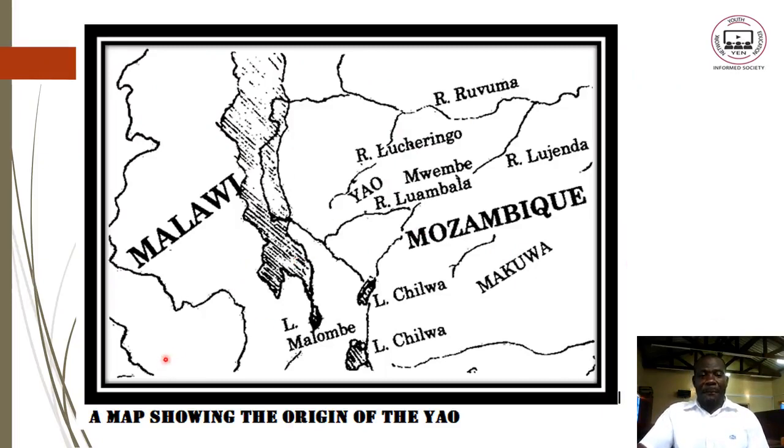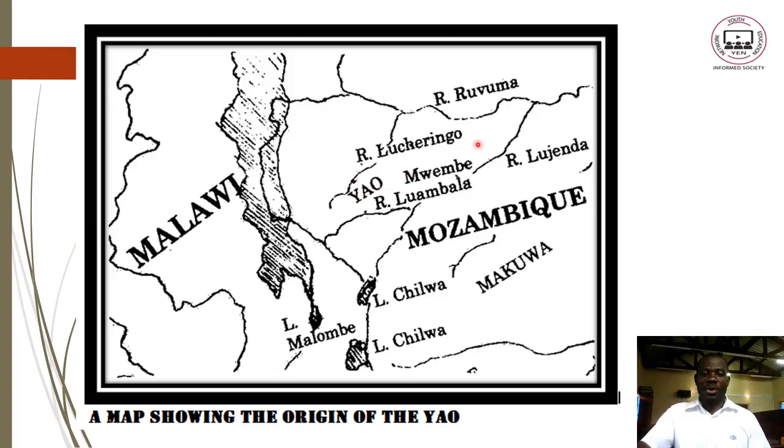Here is the map showing the origins of the Yao. When we talk of the Yao, we talk of Malawi here, you see Mozambique the other side here, and here take note there is a river, Ruvuma River, with some of its tributaries there. And again we also have river Luambala and river Rugenda. River Lucheringo is there. So Yao land is here.